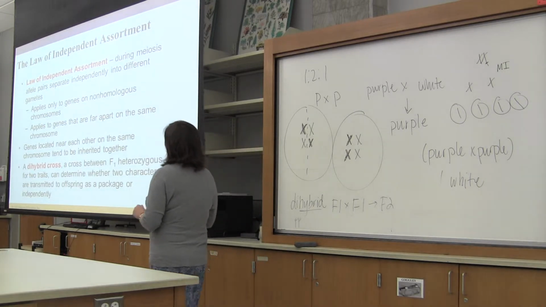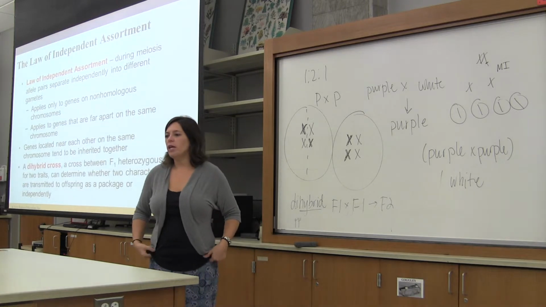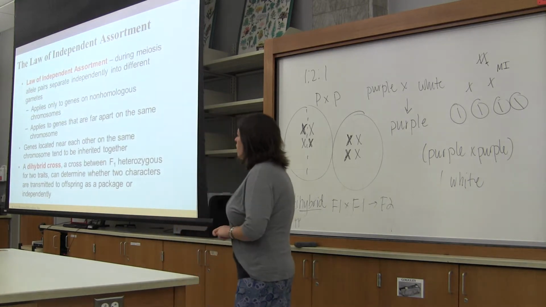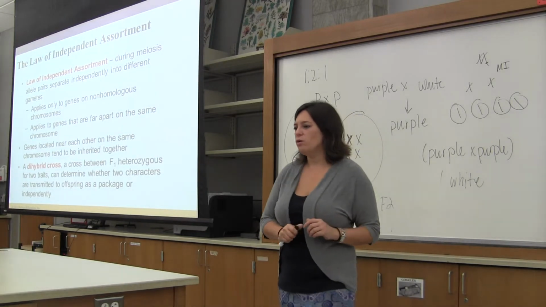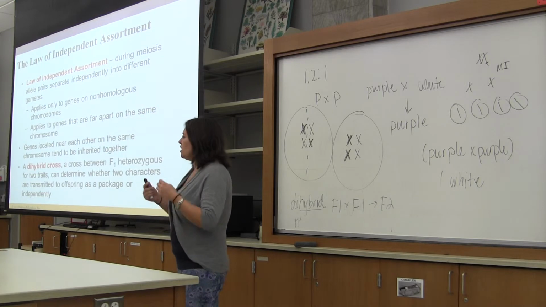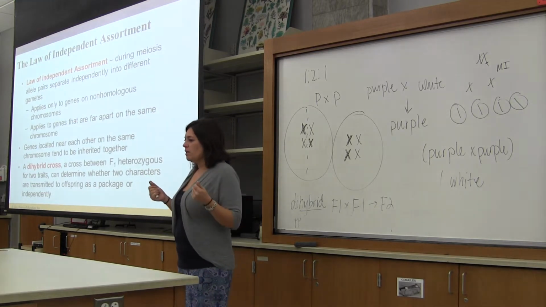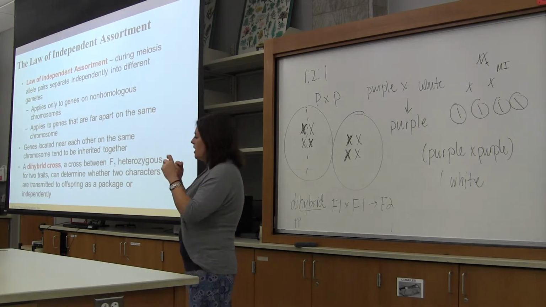One other thing I did not mention: the law of independent assortment is only going to apply to genes that are on non-homologous chromosomes. Those non-homologous chromosomes are going to assort independently.